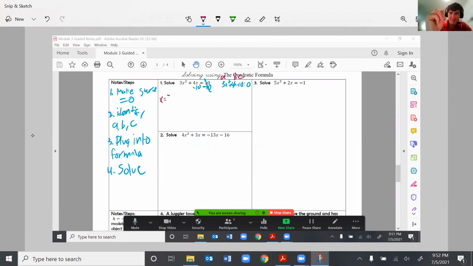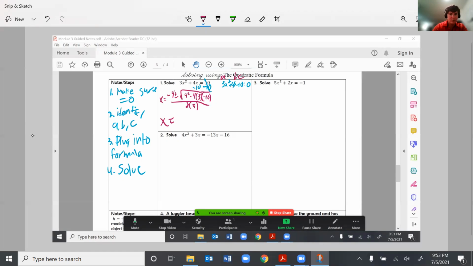x is equal to negative b, so negative 4, plus or minus the square root of b squared minus 4 times a times c, all over 2a, which in this case is 6. So x is going to be equal to, let's do it one at a time: negative 4 plus the square root of 4 squared minus 4 times 3 times negative 10, all over 6.